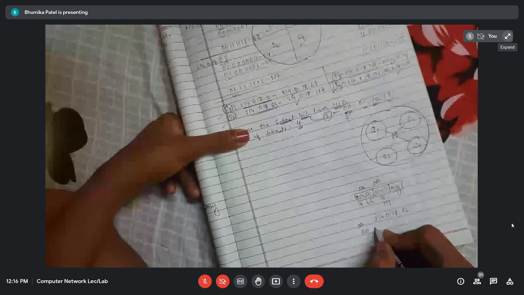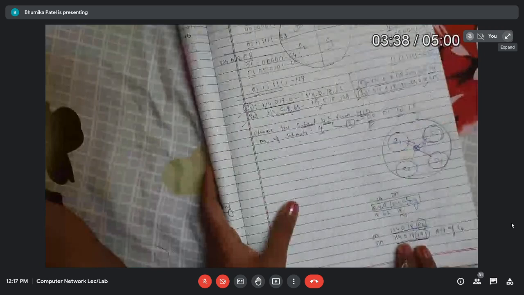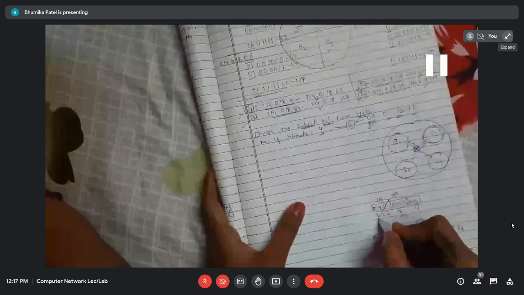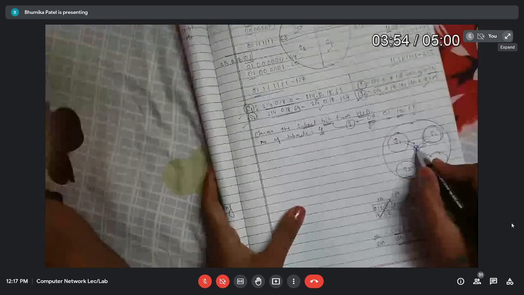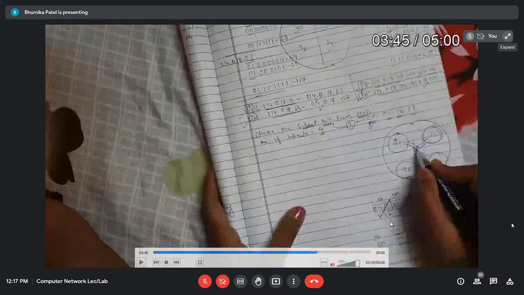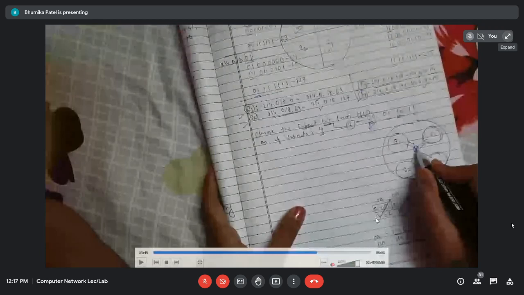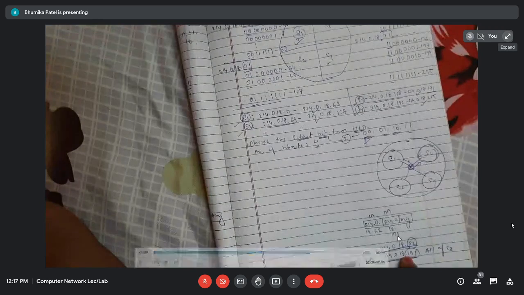Similarly, it is already shown in the figure. What happened here? The source address was 214.0.18.62, and the destination address is 214.0.18.191.